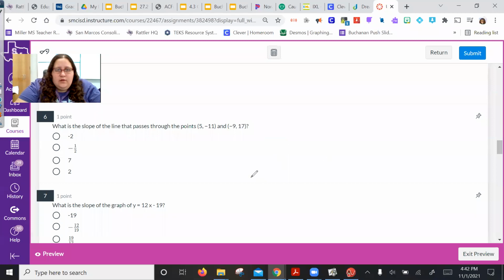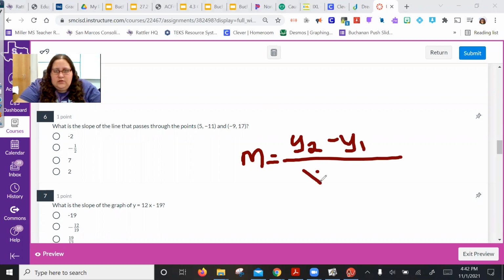We know our slope formula is m equals y2 minus y1 over x2 minus x1. So this is x1, y1, x2, y2.